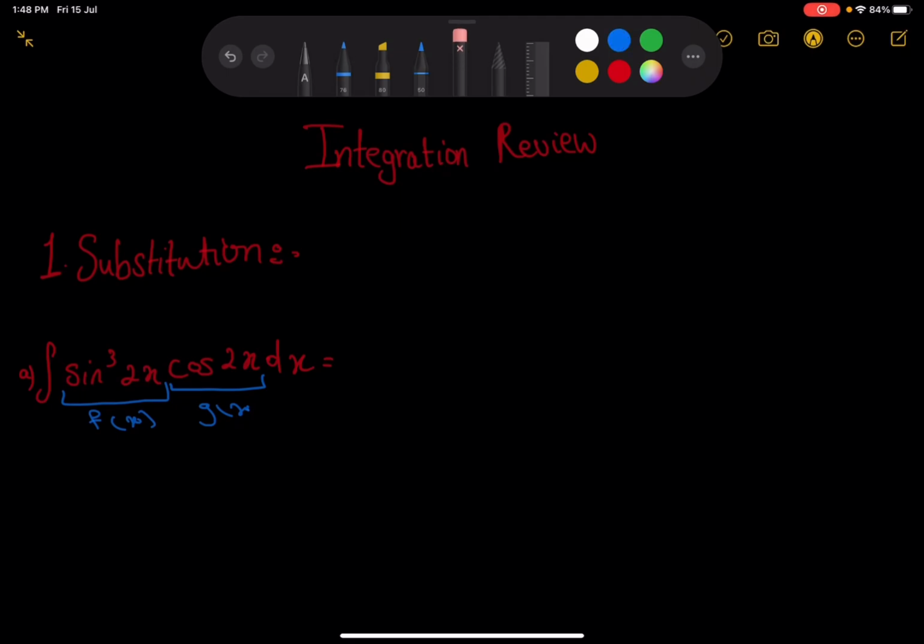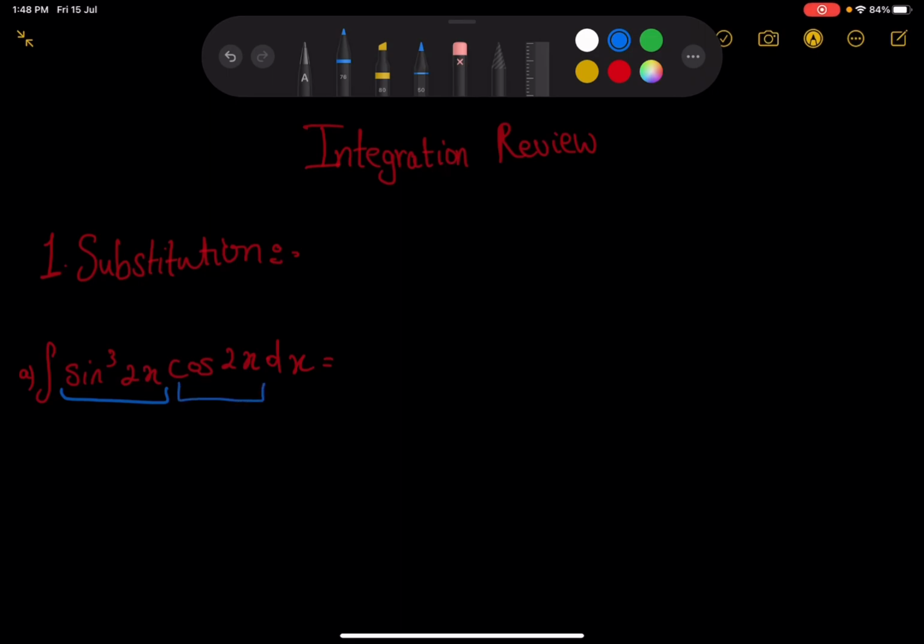Now I will tell you which term to choose as your variable, which is u. Basically, always try to take the one with the power. As you can see here, sine 2x cubed has a power, and the degree of its power is higher than the other term, which is 1.